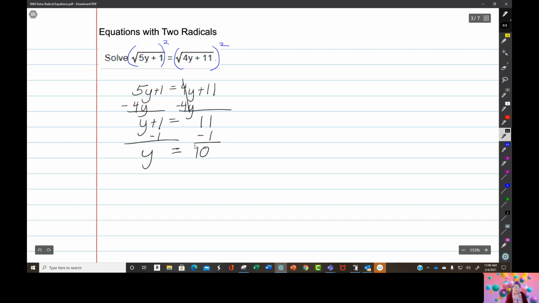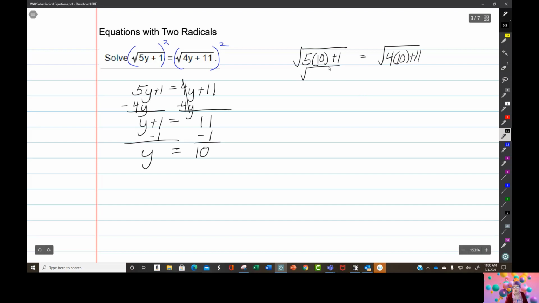And now we check 10. 5 times 10 plus 1 equals, well, the square root of 5 times 10 plus 1 equals the square root of 4 times 10 plus 11. Let's see.